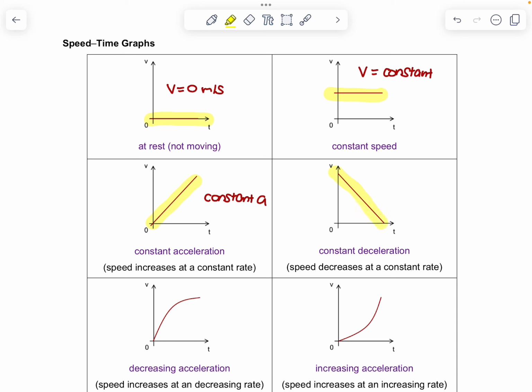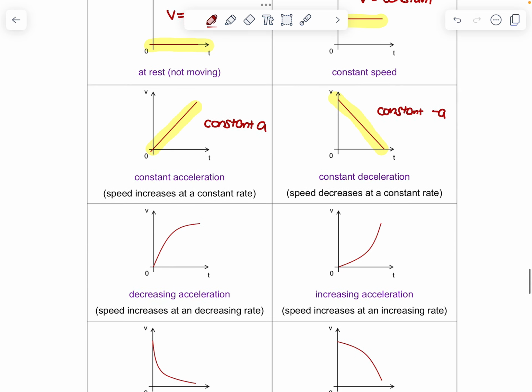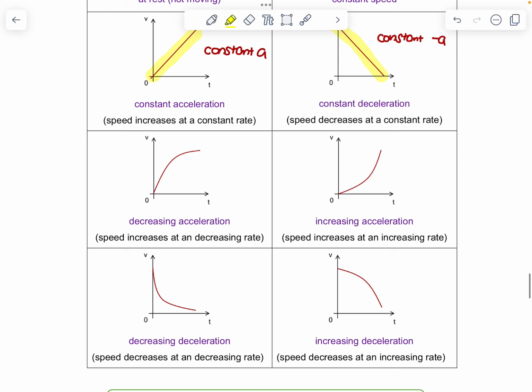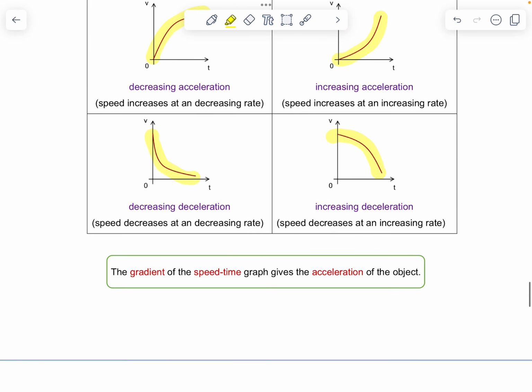If it's coming down this way, it's constant deceleration, minus a. And there are also graphs showing increasing acceleration, decreasing acceleration, which is slowing down, or increasing deceleration. So the gradient of a speed time graph gives you the acceleration of the object.